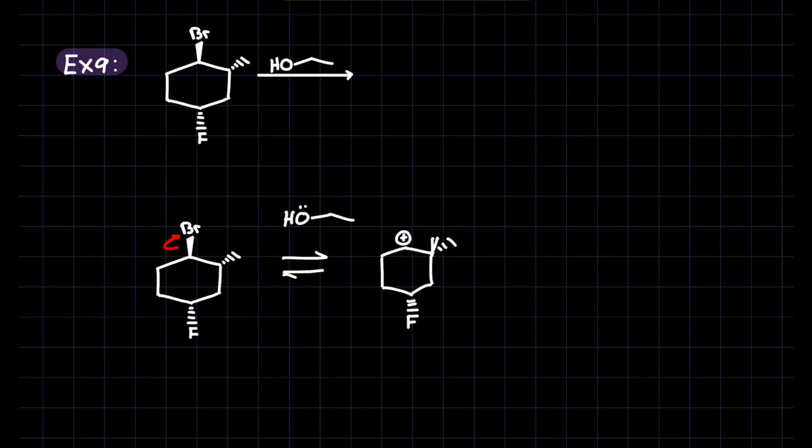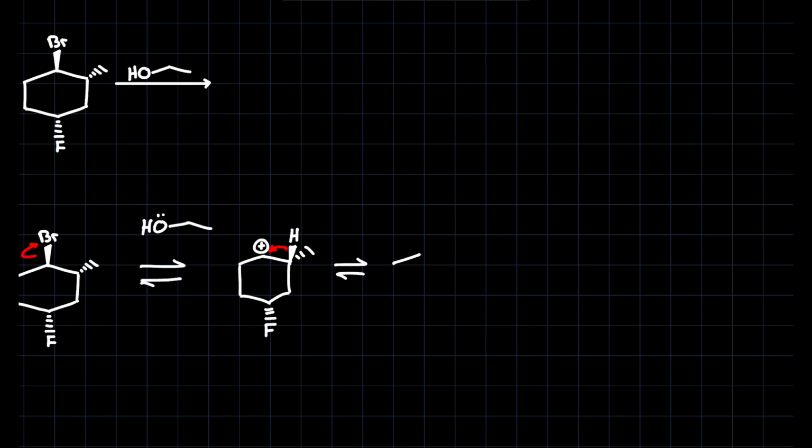So we'll undergo a hydride shift where the electrons between that carbon-hydrogen bond will shift over towards that secondary carbocation to help form a more stable tertiary carbocation. And now a couple of things to note for this step.